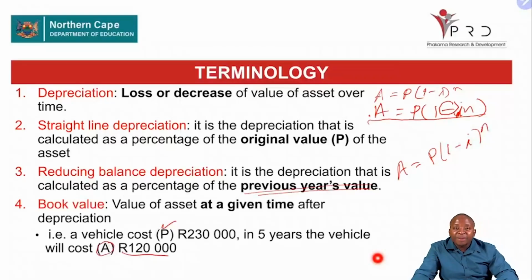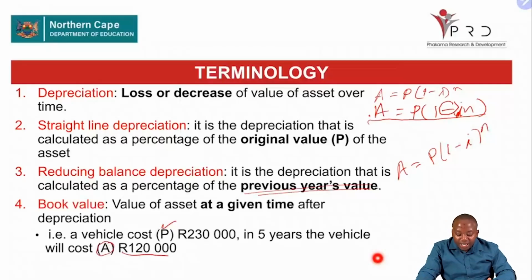Why does it become the A? Because that's the amount I can sell it for in the future. So that's the amount I can have on this vehicle in future. If you can see the difference now, with growth, A was always greater than P, because I put money in right now and that amount will grow over the years. I invest money, for example, and it grows to a certain amount. So the future amount becomes a bit higher.